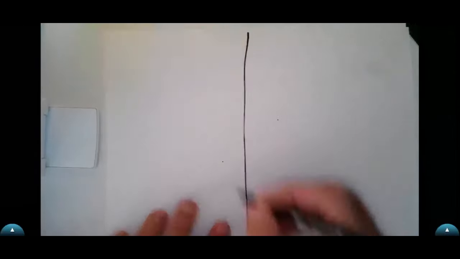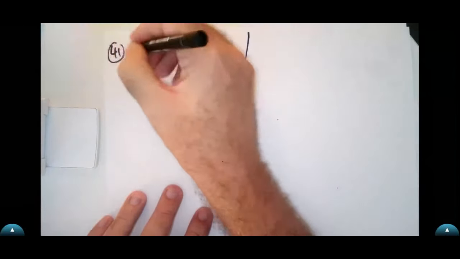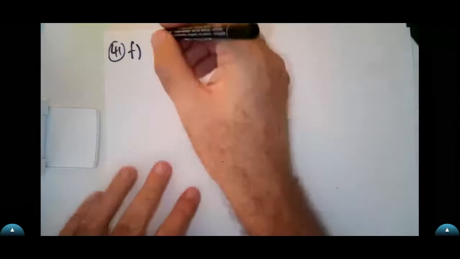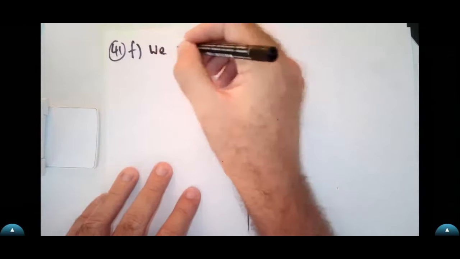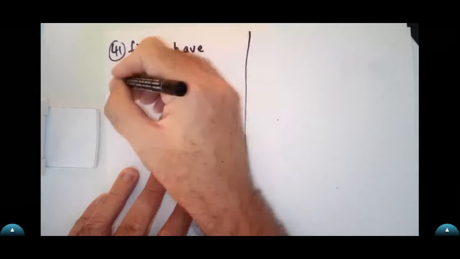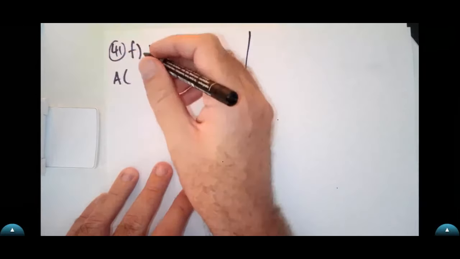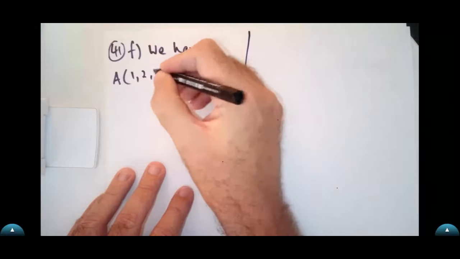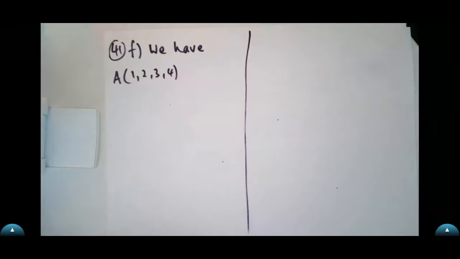All right, so this is 41F. We've got a point which is 1, 2, 3, 4. And we've got two lines.